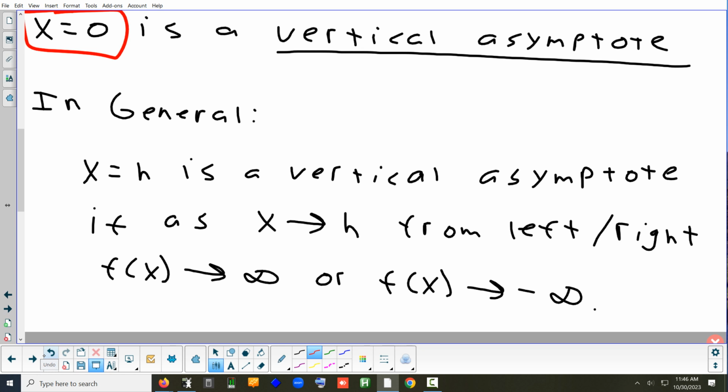In most problems that we do, as you approach it from one side, it's going to go down. From the other side, it's going to go up. Most problems.